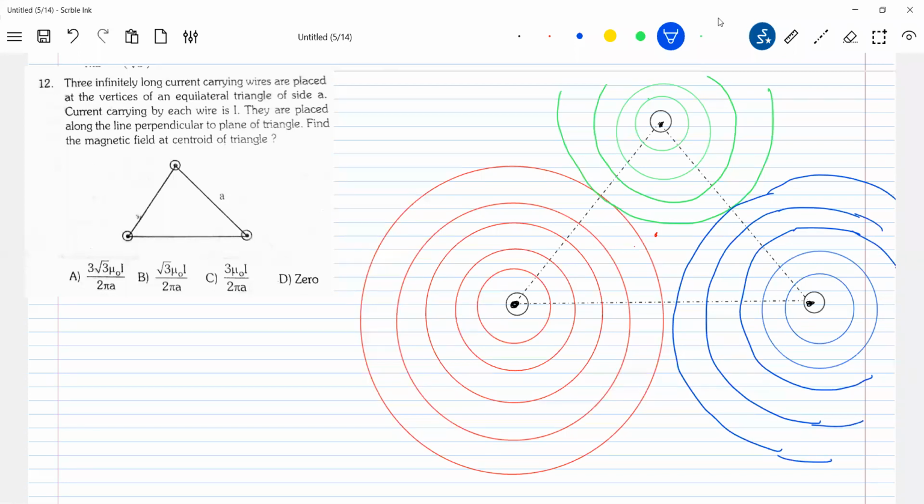I think now with the help of this, you try to check it.